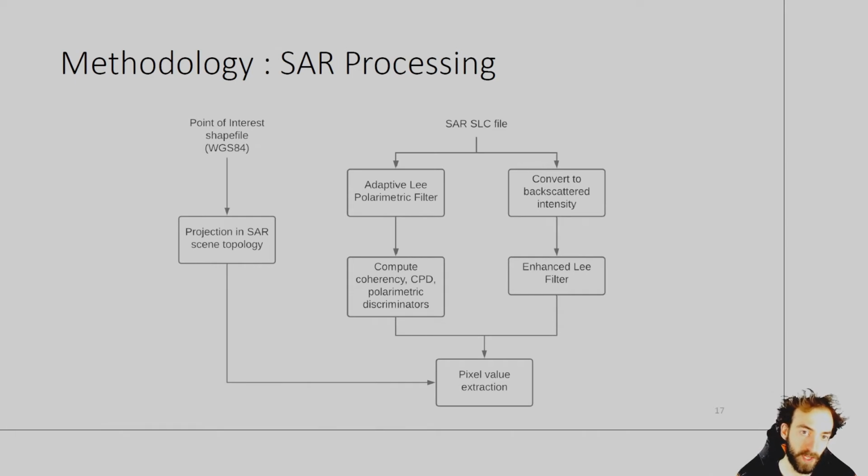So I built a shapefile with the different points of interest that I want to extract the data on, and I reprojected this WGS84 shapefile into each image-specific topology. Therefore, I never did any mathematical resampling, which allowed me to work with the pure SAR signal.